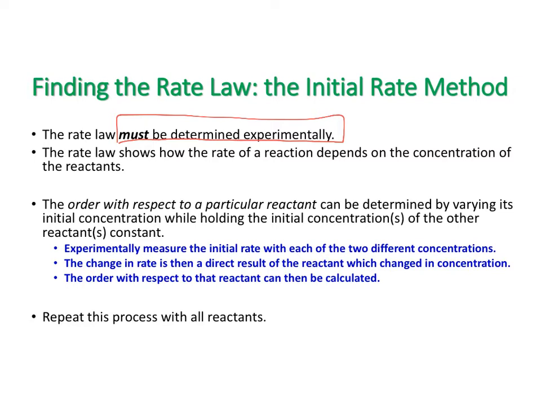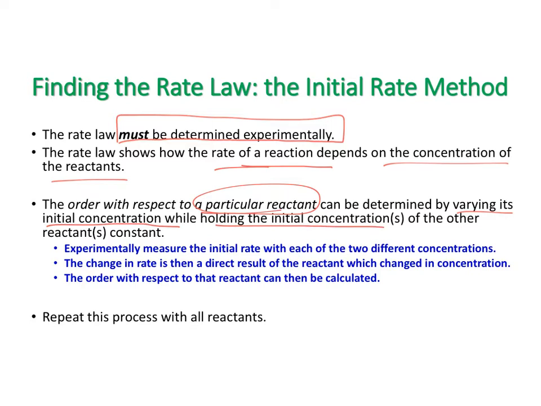So the rate law shows how the rate of the reaction depends on the concentration of reactants. And what we can do to figure the rate law out experimentally is vary the initial concentration of a particular reactant while holding the initial concentration of the other reactant constant.